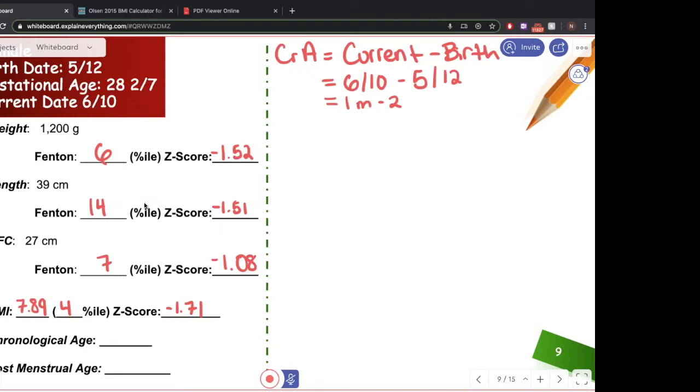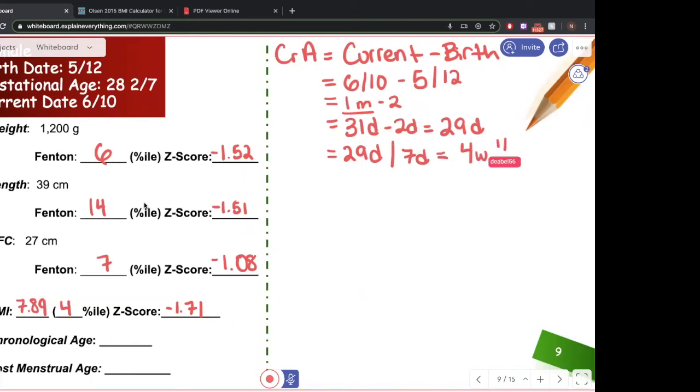So let's see how many days that 1 month should be this time. We're looking at May, and there are 31 days in May. So we convert that to 31 days minus 2 days, which would be a total of 29 days. Now let's convert that to weeks by dividing by 7 days in a week, which gives us 4 weeks and 1 day.